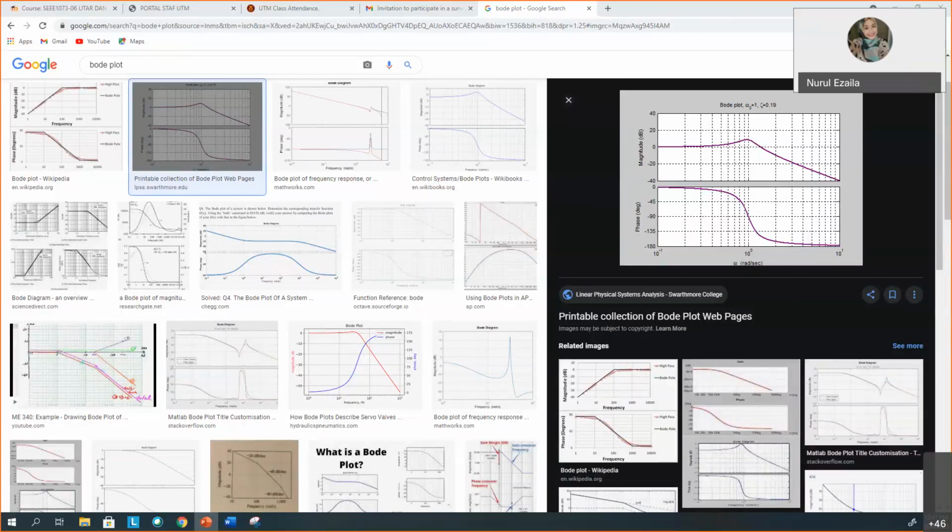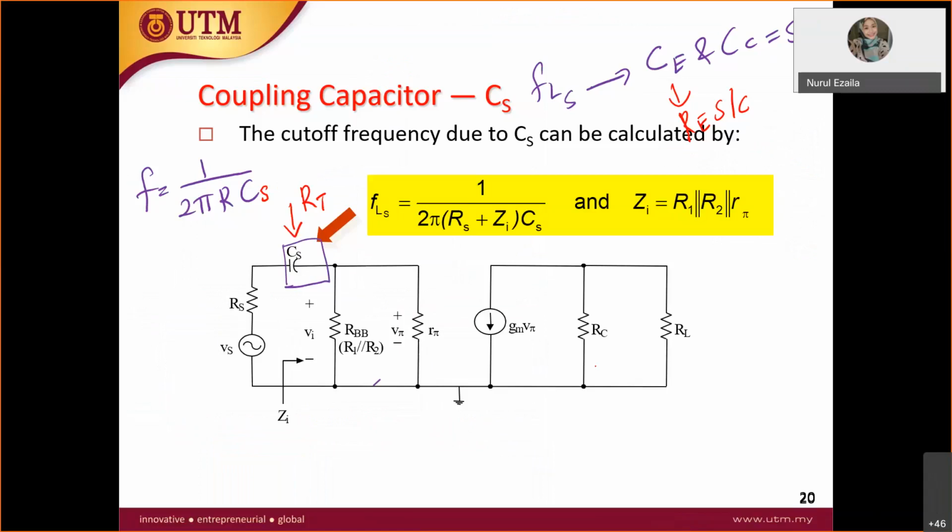So all the resistors you can see from here: the voltage source is shorted, so you have resistor RS.